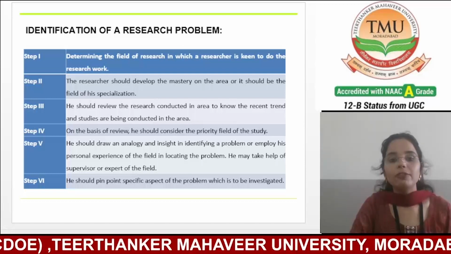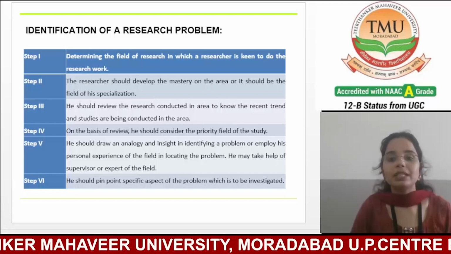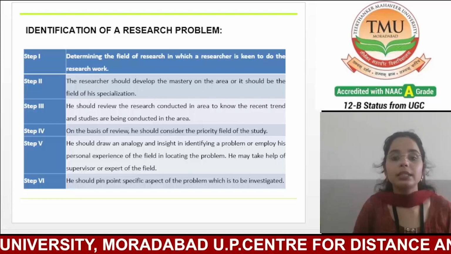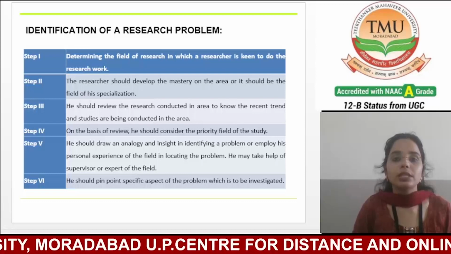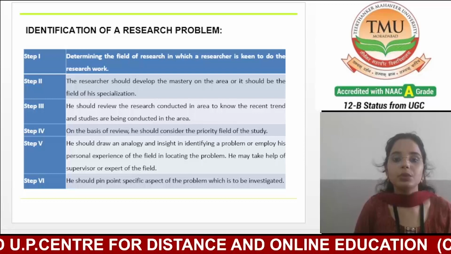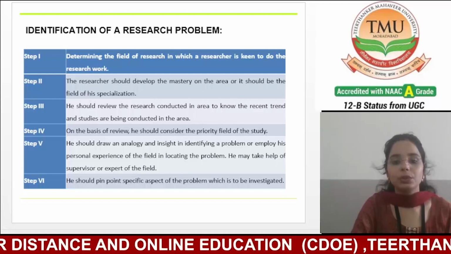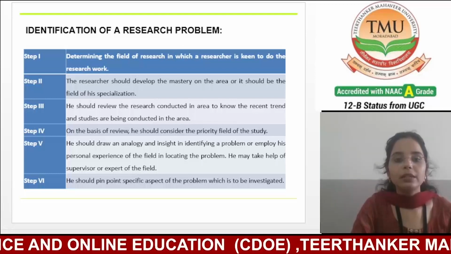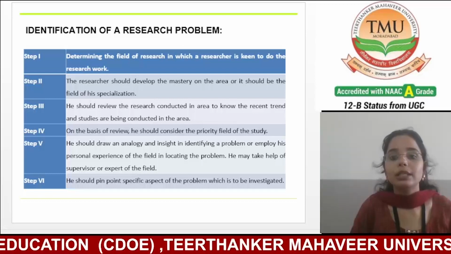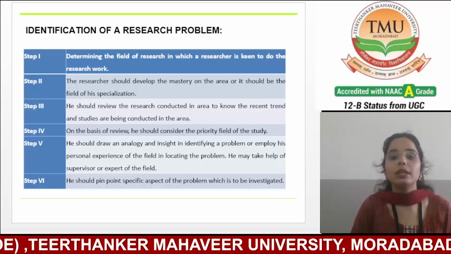So after refining the problem, the researcher translates it into a specific research question or a hypothesis. These guide the direction of the study and set the parameters of what will be investigated. A well-formulated research question should be clear, concise, and focused on a particular issue. So for instance, the research question might be: what are the challenges faced by teachers in implementing inclusive education strategies in rural schools?